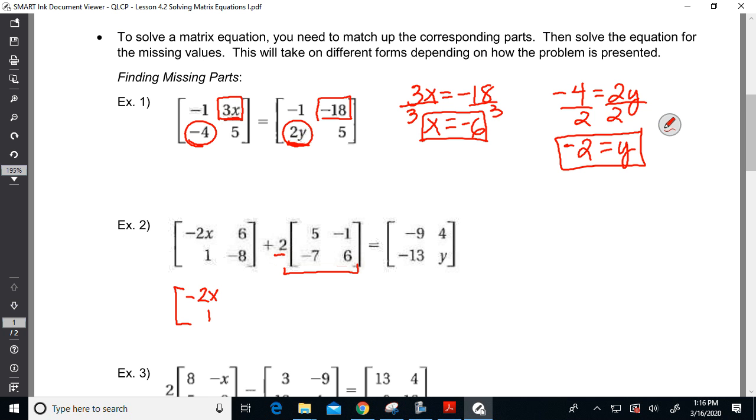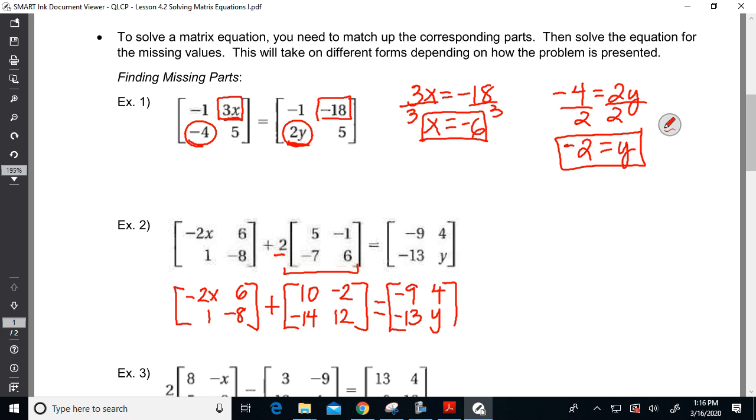So the first matrix we'll leave completely alone. The second matrix, everything times 2 would give you 10, negative 2, negative 14, and 12. And then negative 9, negative 13, 4, and y.